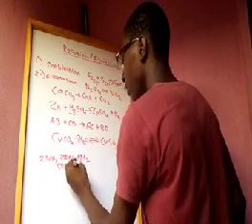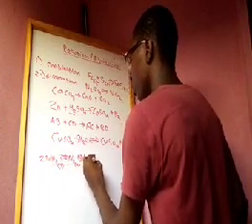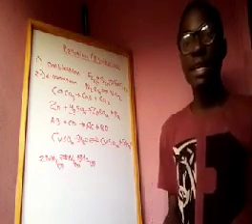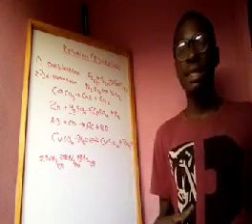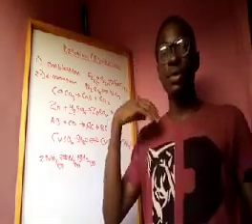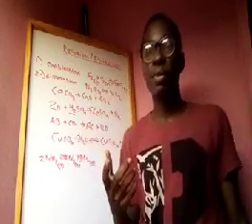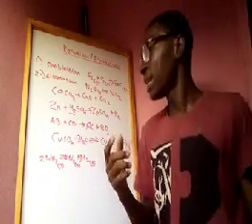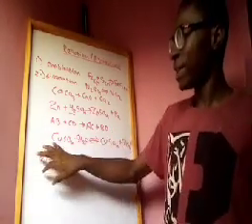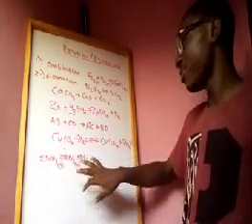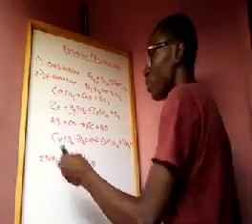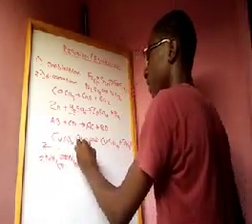The effect of pressure is that whenever you have an increase in pressure, it favors the side with fewer moles of gases. So we have 2 moles on one side and 4 moles on the other.